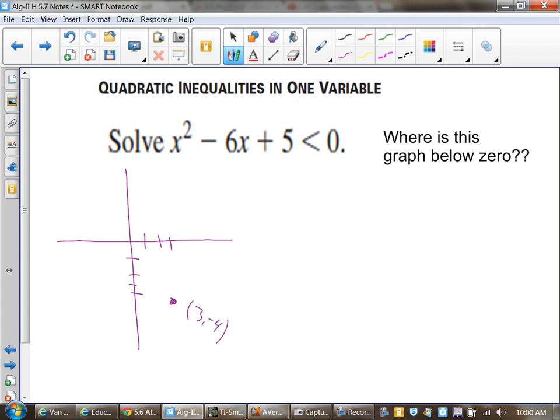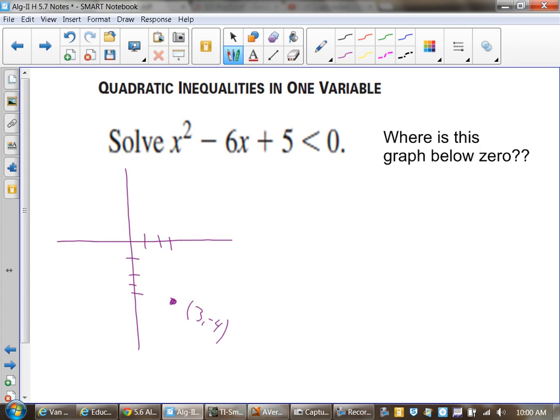I also could find my zeros. What I did here is I found the axis of symmetry. I know it's 3, and I just put 3 in and solved it. That's one way you can do it, or you can just use the calculator. From here, I can also figure out my zeros. This is a factorable equation, isn't it? What multiplies to positive 5 and adds to -6?